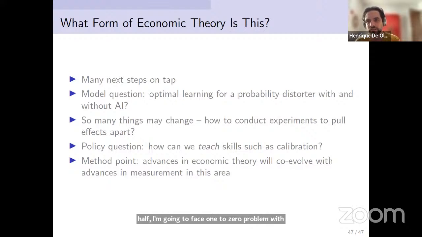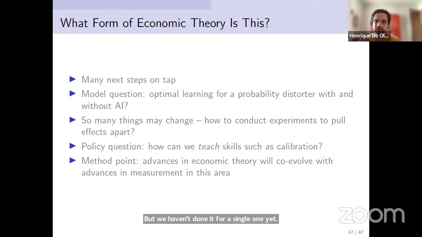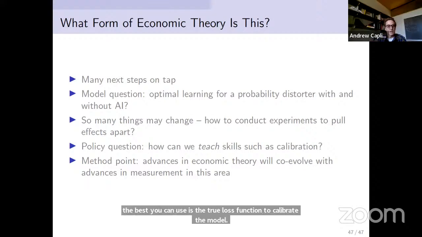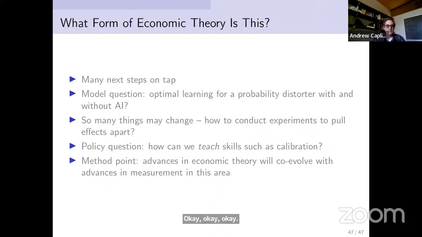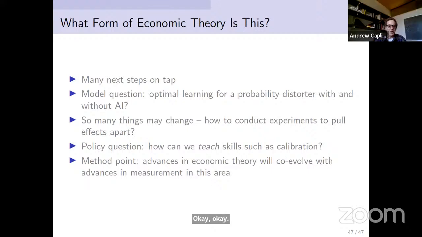What is the optimal loss function? I don't know. But we haven't done it for a single one yet. I see. I thought that your result said that given a true loss function, the best you can use is the true loss function to calibrate the model. No. That's the discussion we've just been having. We can't tell because there's this bizarre pseudo cost it's throwing in its own calculus, which has nothing to do with us. I see.